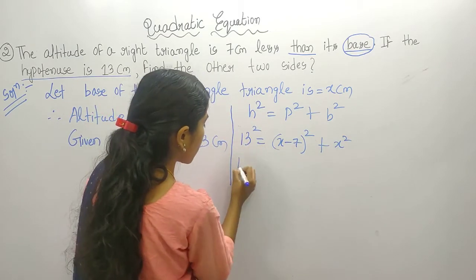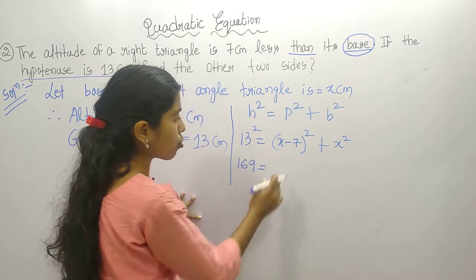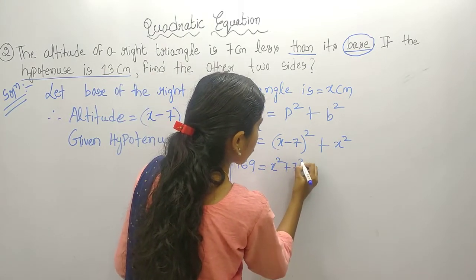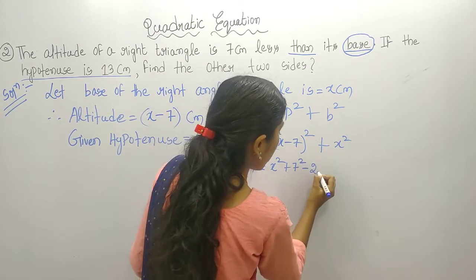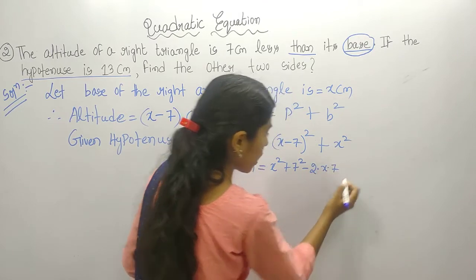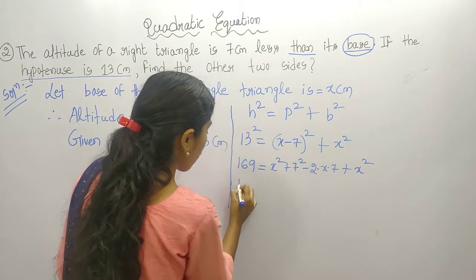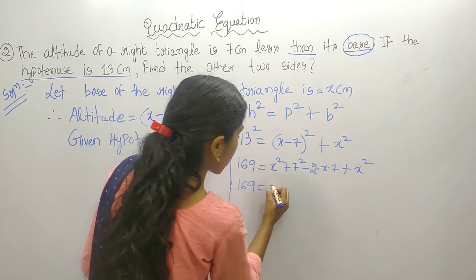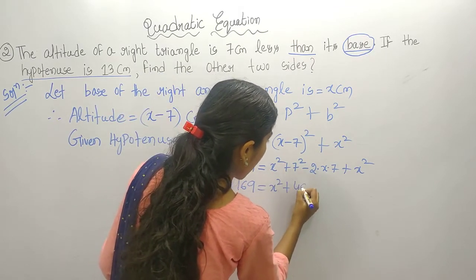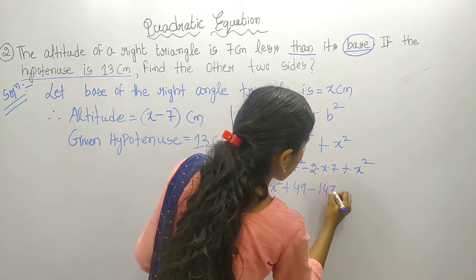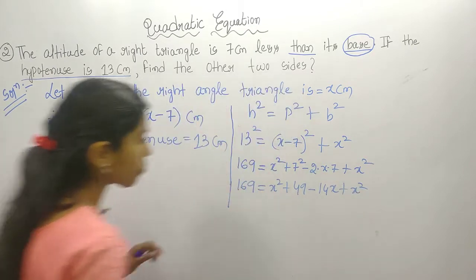So 13 square is 169 equals a square plus b square minus 2 into a into b, okay, plus x square. Then 169 equals x square plus 49 minus 2 into 7, 14x, plus x square, okay.